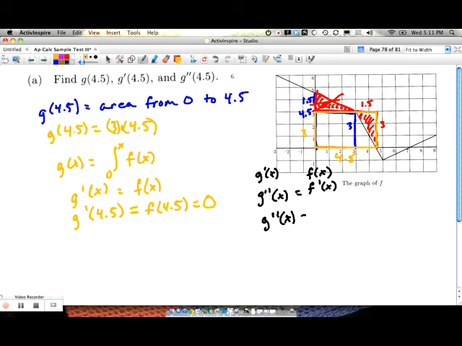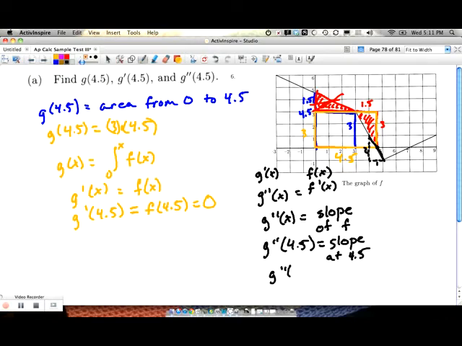So g double prime of 4.5 is equal to the slope at 4.5. What is that slope? Well, here's 4.5, and here's a straight line. It looks like it's going down 2 over 1. So g double prime of 4.5 is equal to negative 2 over 1.